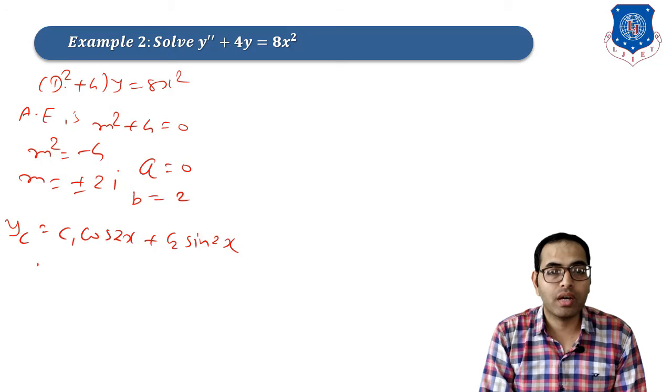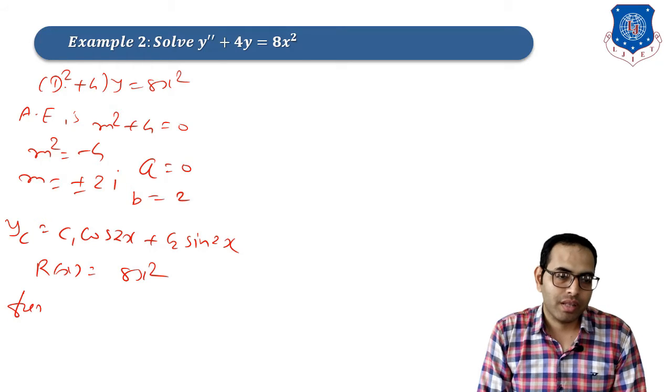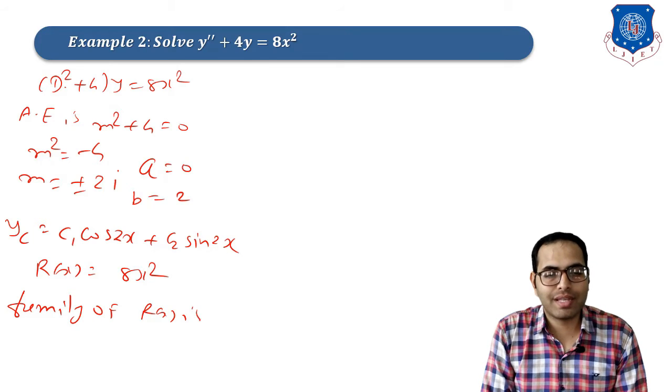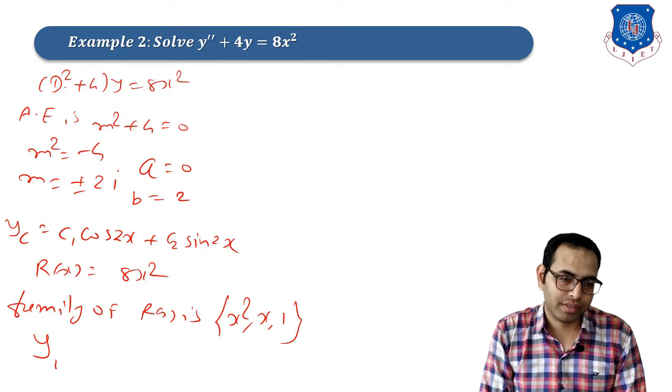Now here our r of x is equal to 8x square. The family of r of x is x square, x and 1.